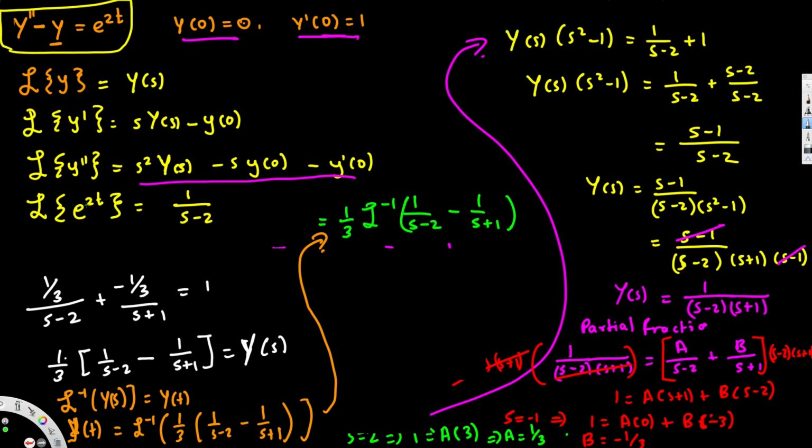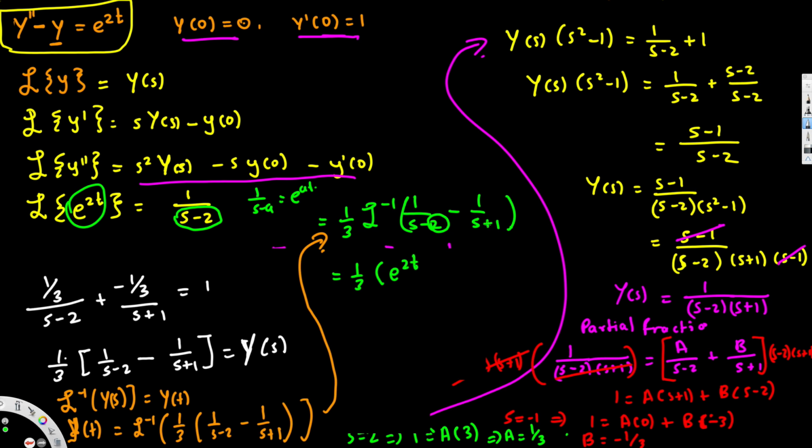If you look at the pattern here, 1 over s minus a gives e to the power at. So here you can see s minus 2, so if a is 2, then e to the power 2t. So 1 over 3, the first term is going to be e to the power 2t.